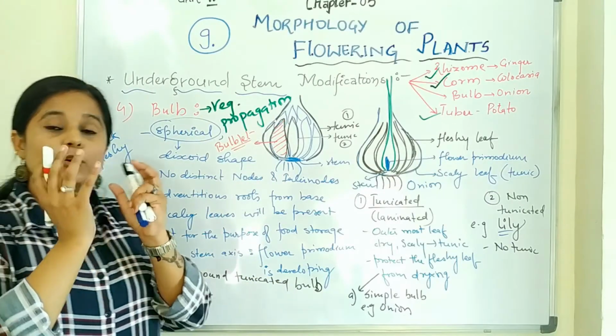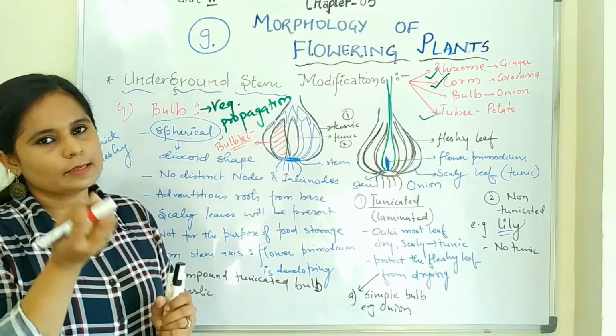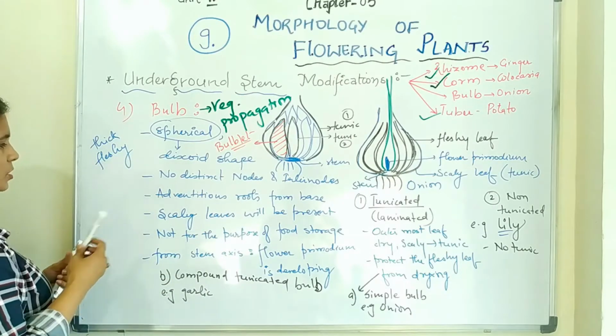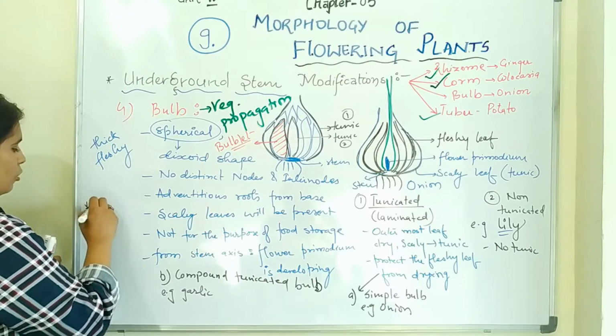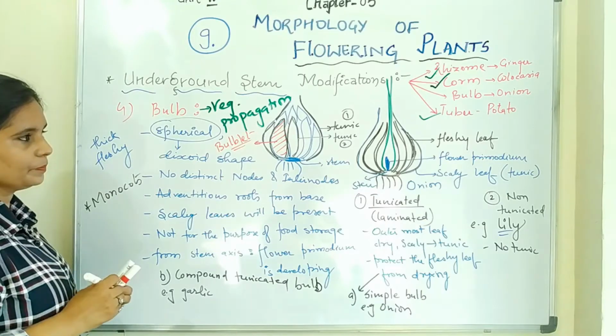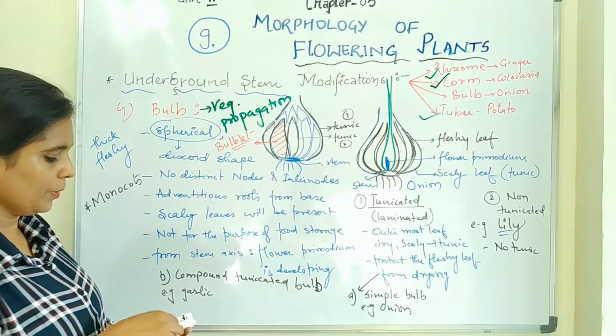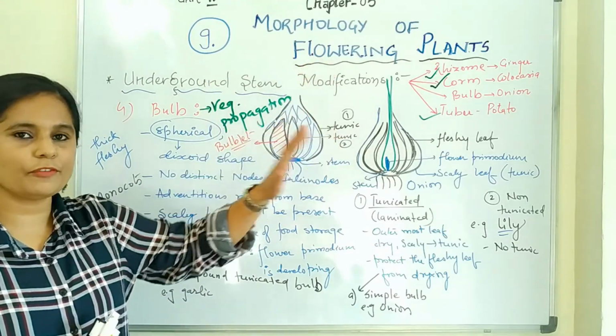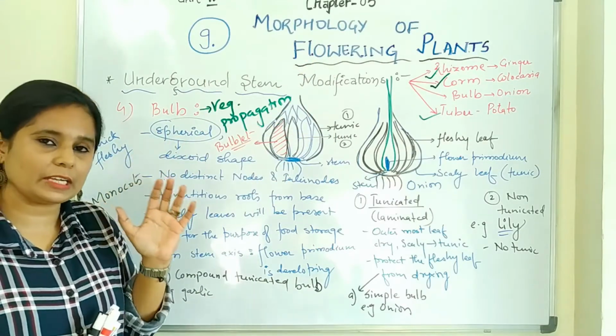So it is a group of bulbs at the stem axis. You will see such bulb structures generally in the case of monocots. So this is the example, and with that we have completed all 4 types of stem modification.